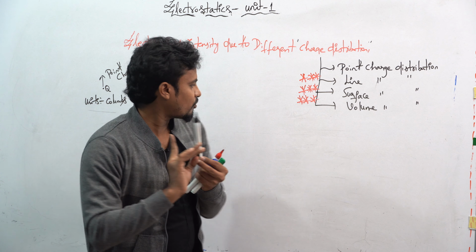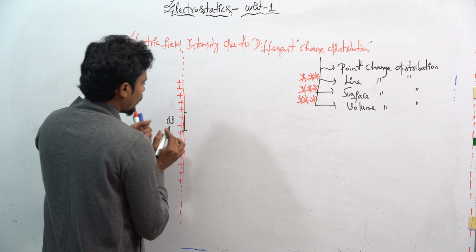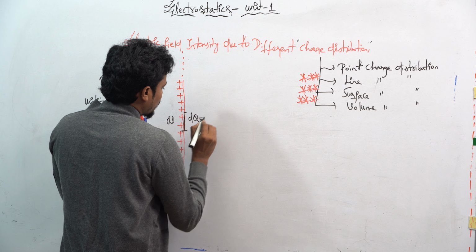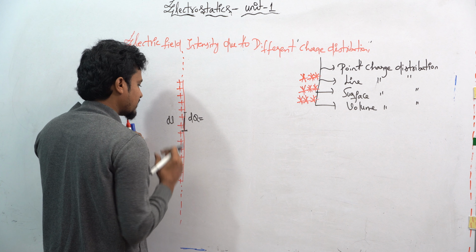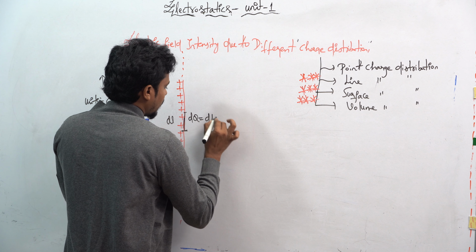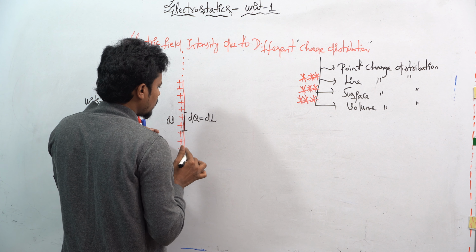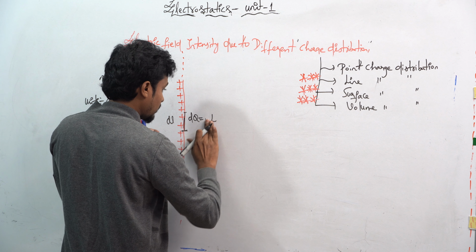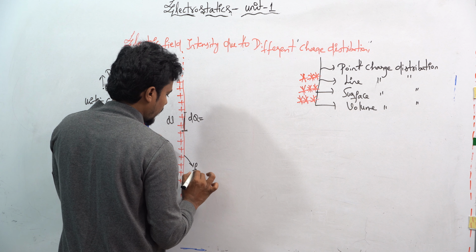For example, if you take this as the line, I take a small charge dq, and the line charge density is rho l.